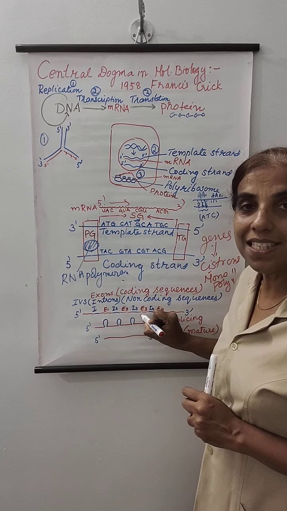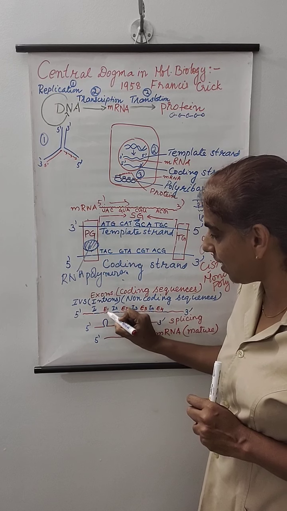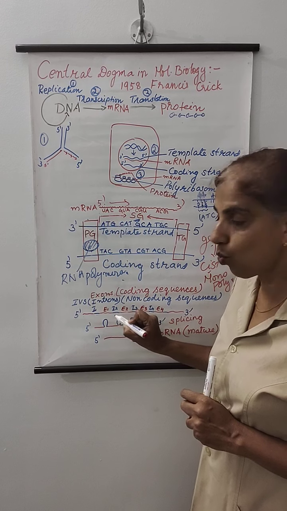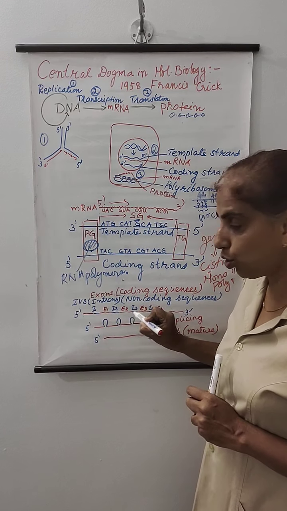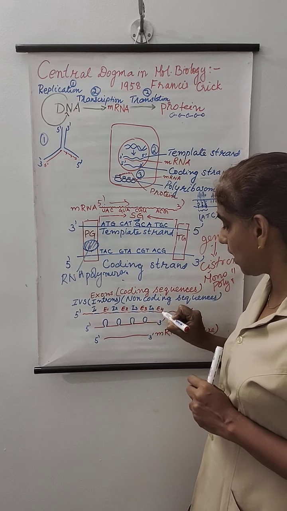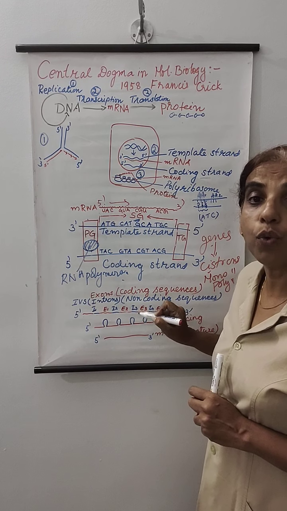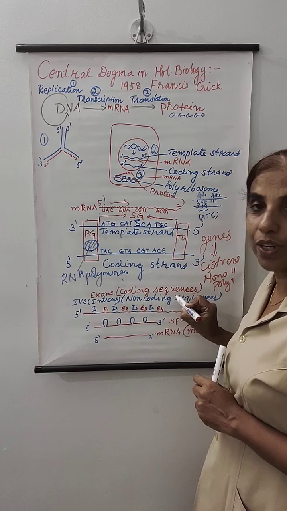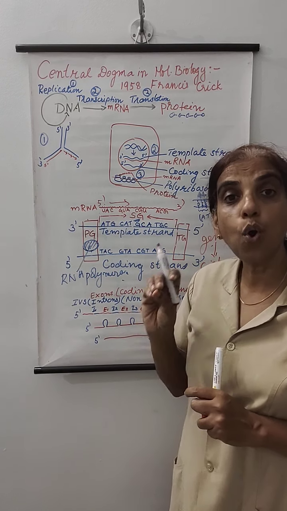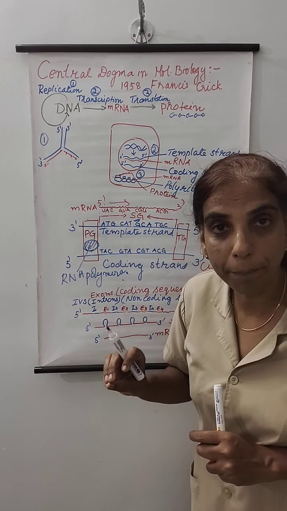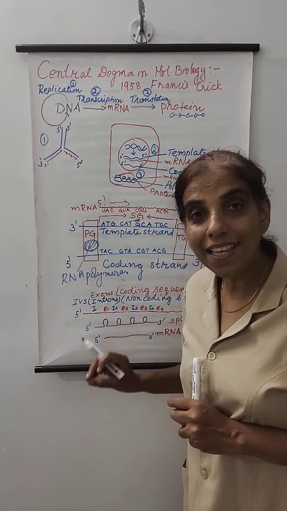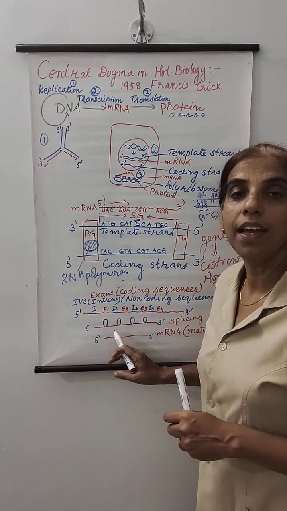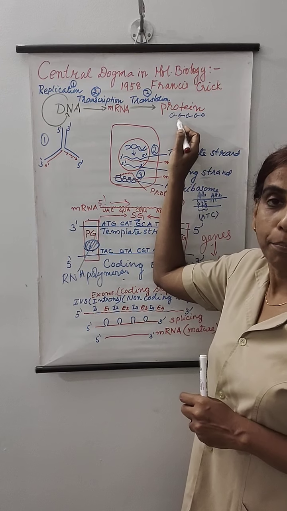In between these introns, you can see E1 exon 1, E2 exon 2, E3 exon 3 and E4 exon 4. What are these exons? They are the real coding sequences for the amino acids. When these amino acids are formed, we can make the real protein.